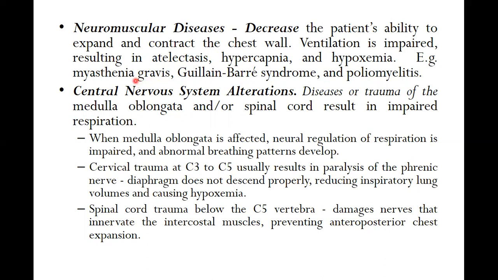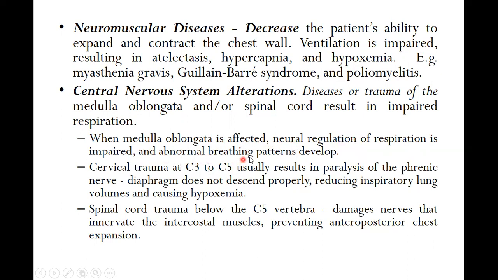That will impair respirations. Then central nervous system alterations. Diseases that affect the central nervous system, or trauma to the brain, for example, trauma to the medulla, or trauma to the spinal cord can result in impaired respirations. Why? When the medulla oblongata is affected, neuroregulation of respiration will be impaired.